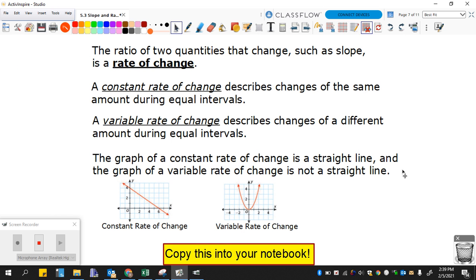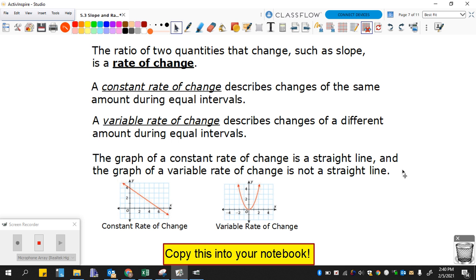All right, so the ratio of 2 quantities that change, such as slope, is a rate of change. A constant rate of change means that it's changing at the same amount over time.